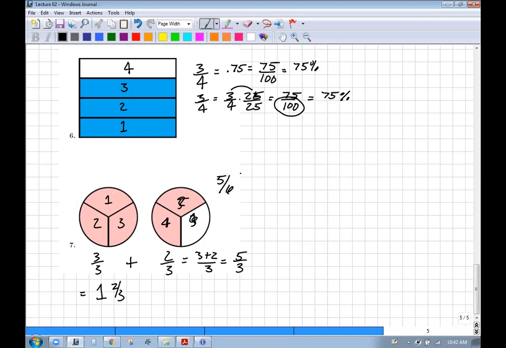That is wrong. This is not 5/6. 5/6 is less than 1. We have 1 whole one and then 2/3 of another one. That's why we have to number them with the start over, because this is 1 whole one. So this is the way we want to do it down here.